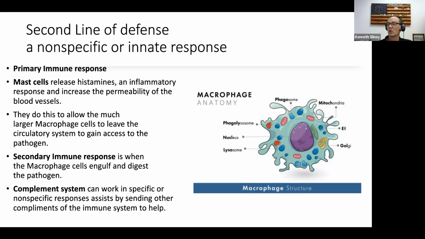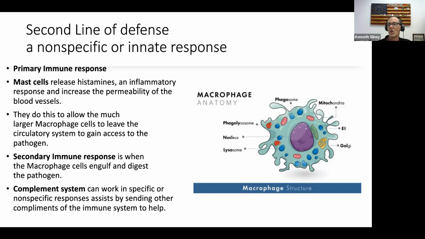Mast cells can release histamines and cause an inflammatory response, and they also increase the permeability of blood vessels. So there's actually capillary leakage, and the mast cells are the cells that begin this process of the immune system.